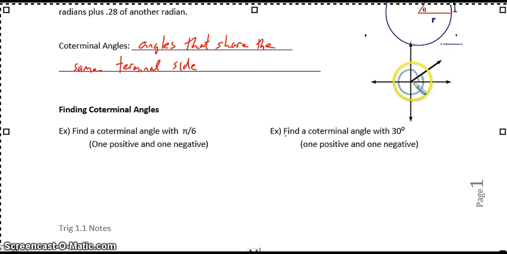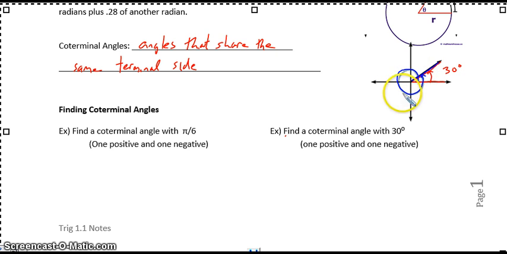You notice over here we've got an angle already drawn. Let's just take a guess and say that this is a 30-degree angle. So if I was to draw just an angle starting here from my initial side going up there, that'd be 30 degrees. Now what I could also do is draw an angle that goes all the way around the unit circle once and then back up to there. We'll call that one the blue one.